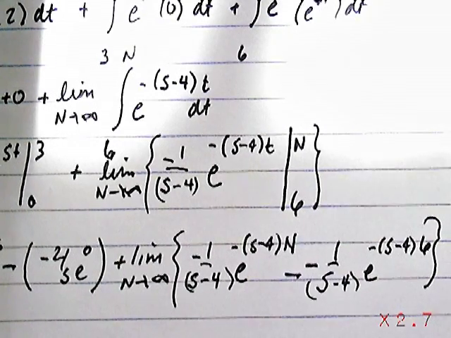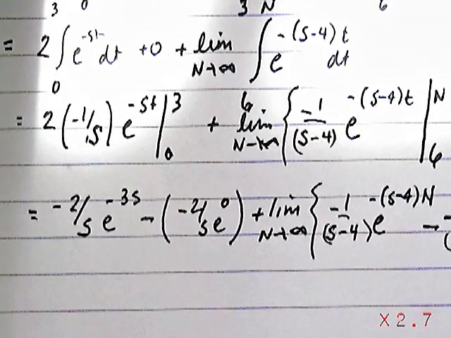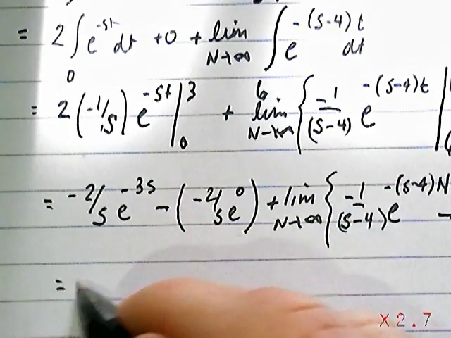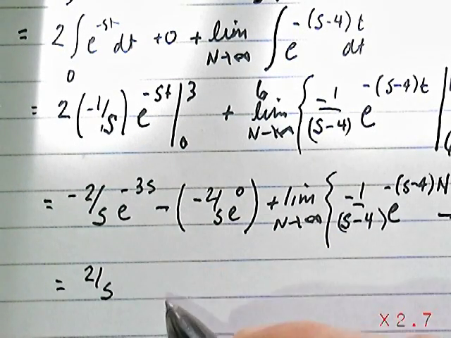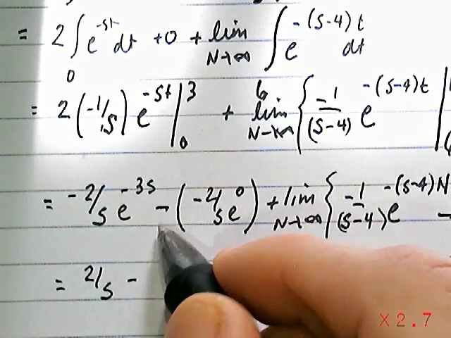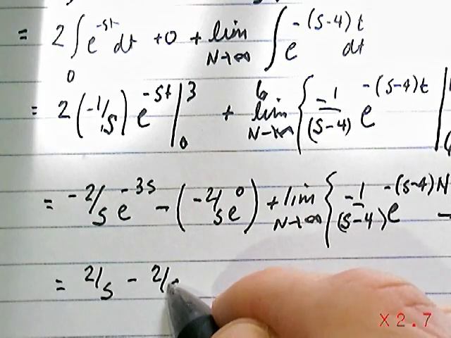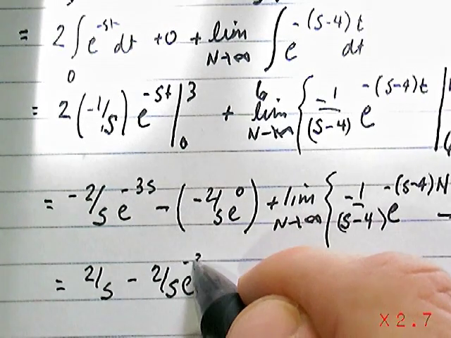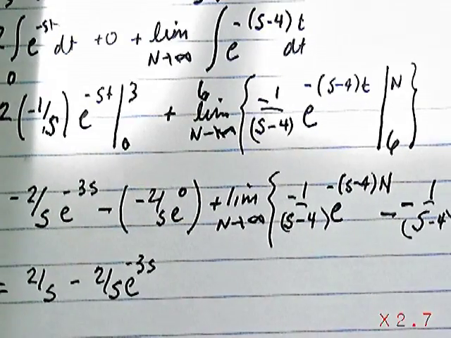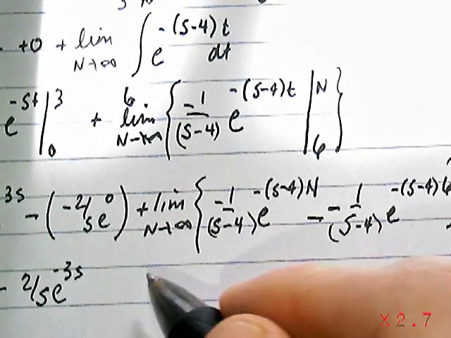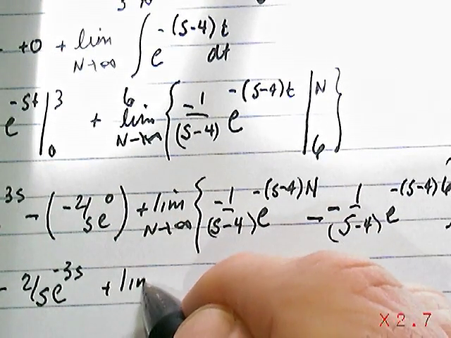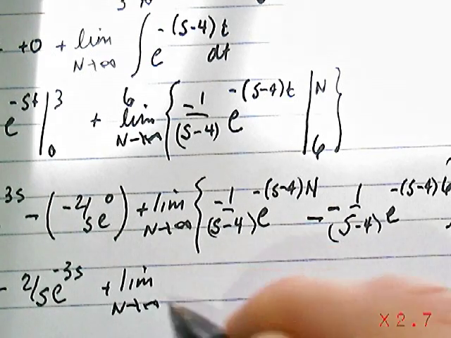And now we can clean this up a little bit. The first part, we really have 2 over s minus 2 over s times e to the minus 3s. And then what we have with the limit, we can see we've got plus the limit as n goes to infinity.